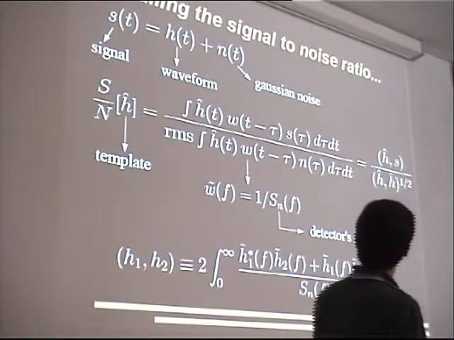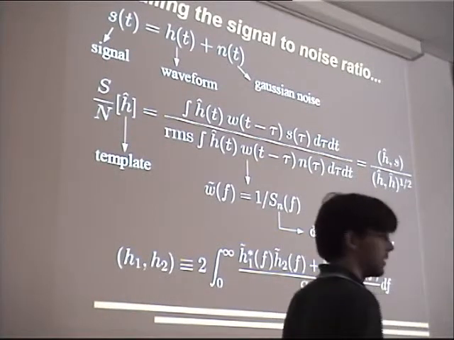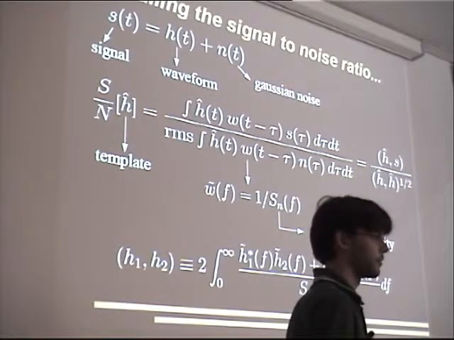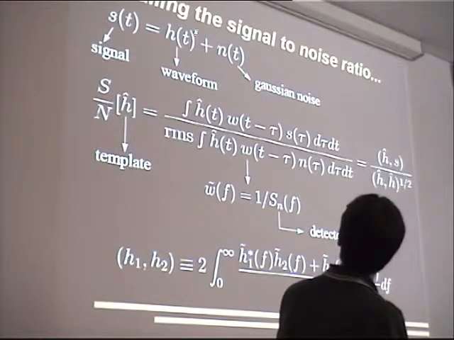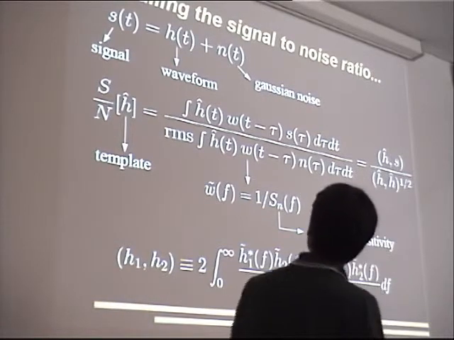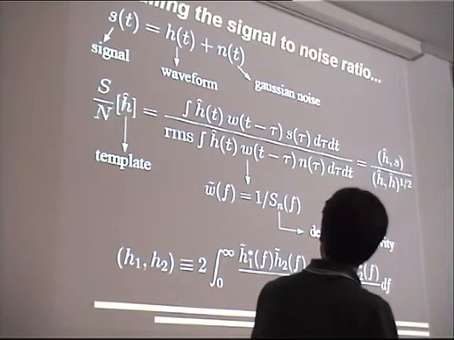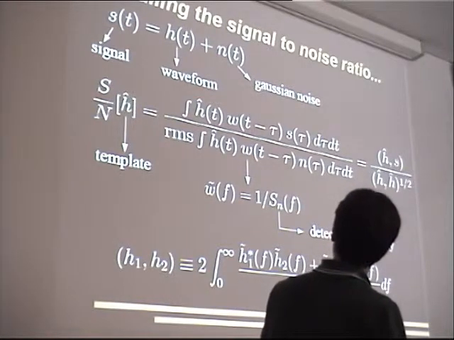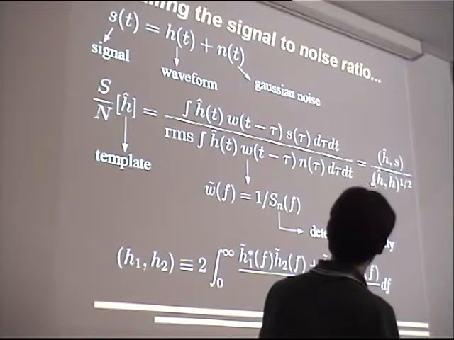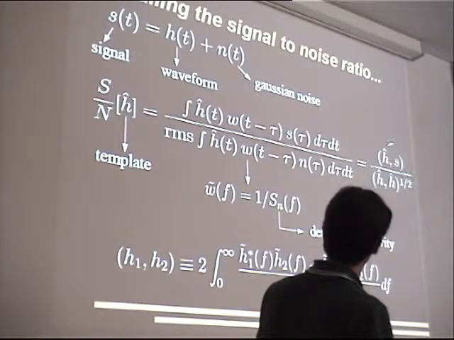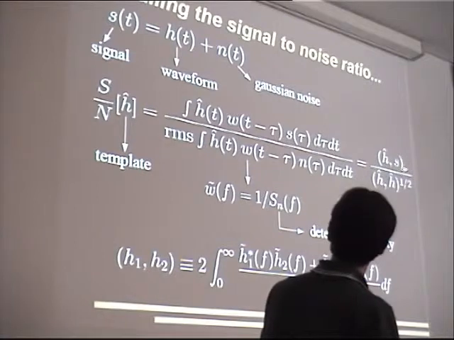Okay, now I will explain the machinery we needed to compare waveforms in black hole plus torus spacetimes and Kerr spacetimes. First of all, let's recall what the signal-to-noise ratio is. If you have a signal, which is the sum of a waveform plus some Gaussian noise, you can write the signal-to-noise ratio for a template, which I call h hat, in this way. In particular, you can express the whole thing using a kind of internal product.